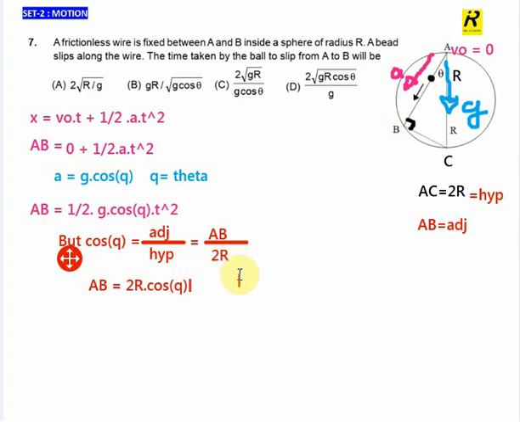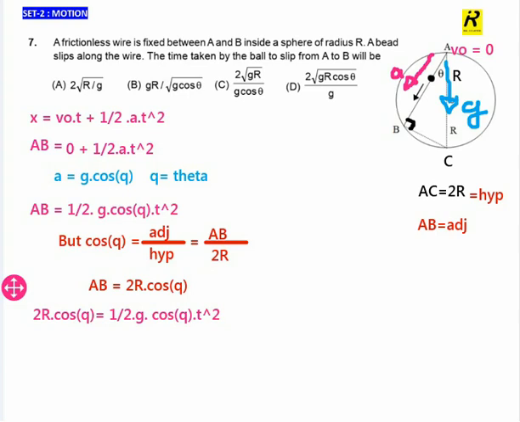Using this equation, AB is equal to 2R cos theta, in the above equation, we will write 2R into cos theta is equal to half into g into cos Q into T square.